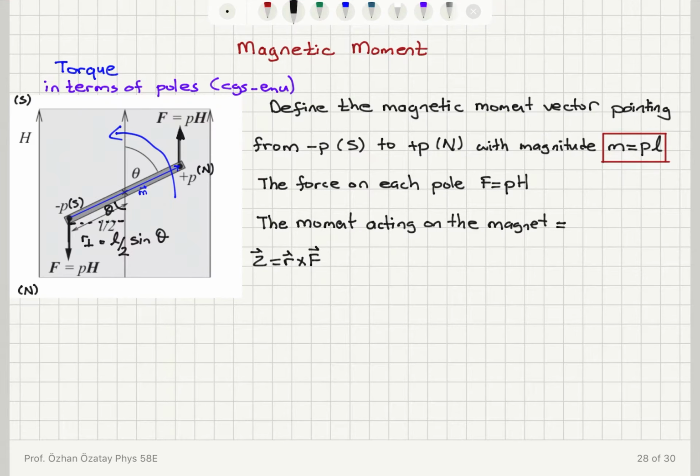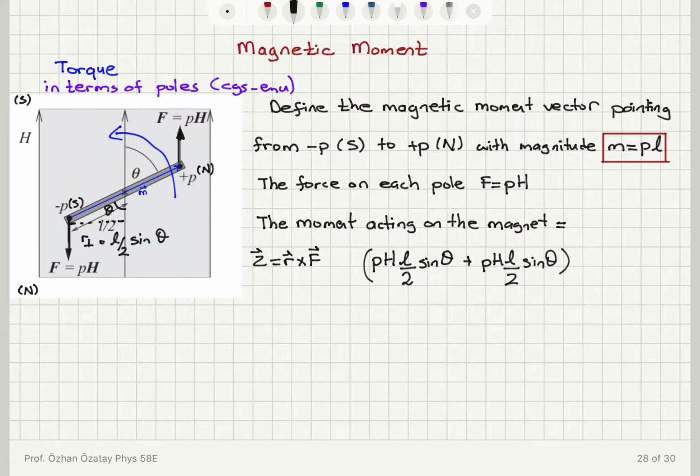So the torque we will get will have pH, that is the force, multiplied with L over 2 sine theta. And then we will have, for the other one, the same thing, pH L over 2 sine theta.